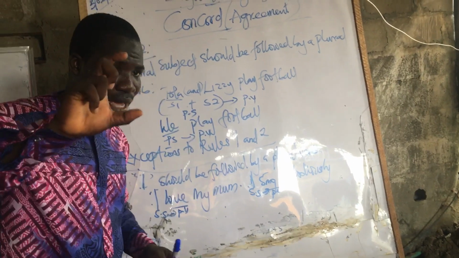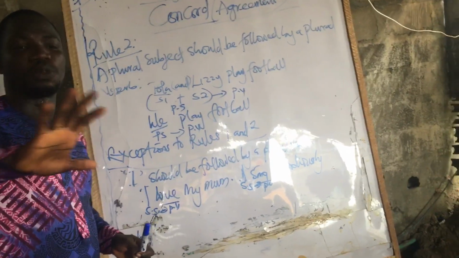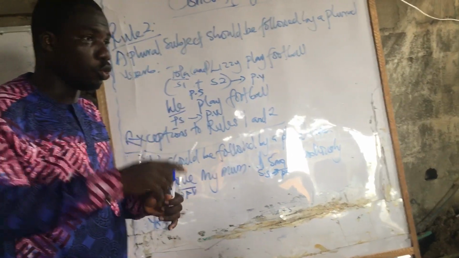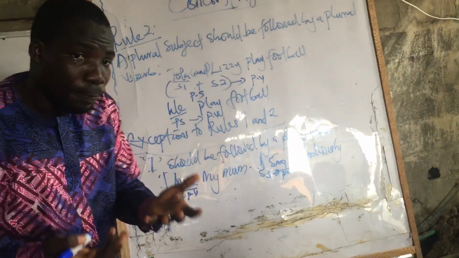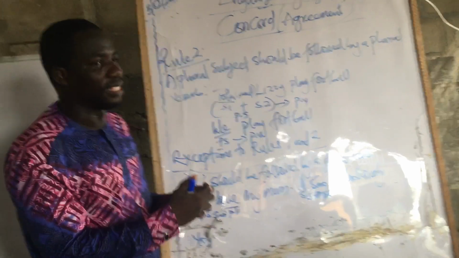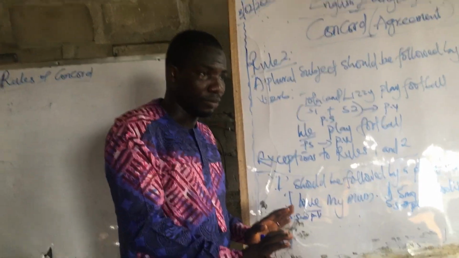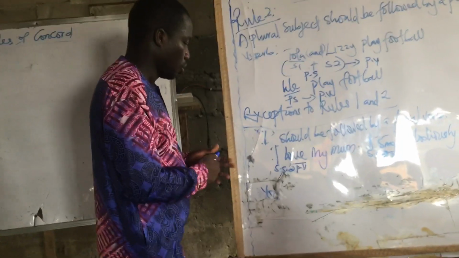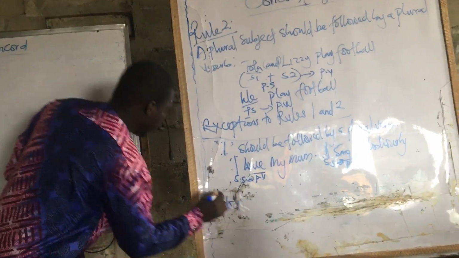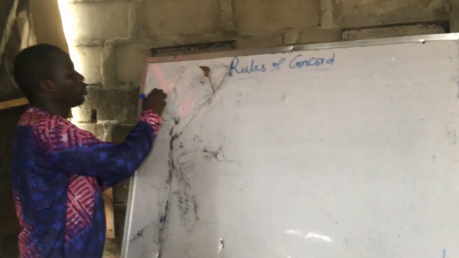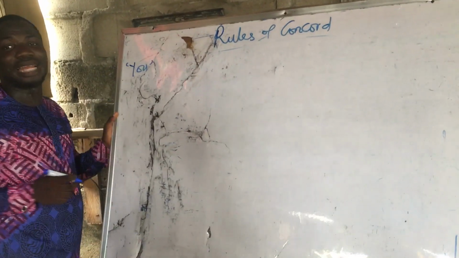In this case, singular is treated as what? As plural. We all know that you is you, singular or plural, right? But even when it is singular, it is treated as plural grammatically. That is to say, another exception is you.